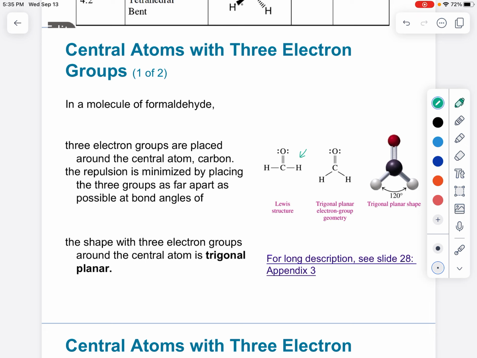Again, we're only looking at the angles around that central atom, the carbon. So there's 3 electron groups, the 2 hydrogens plus the double bond to oxygen. Well, the furthest apart they can get is forming this trigonal planar structure with an angle of 120 degrees. And so that is the name of the geometry for this molecule.